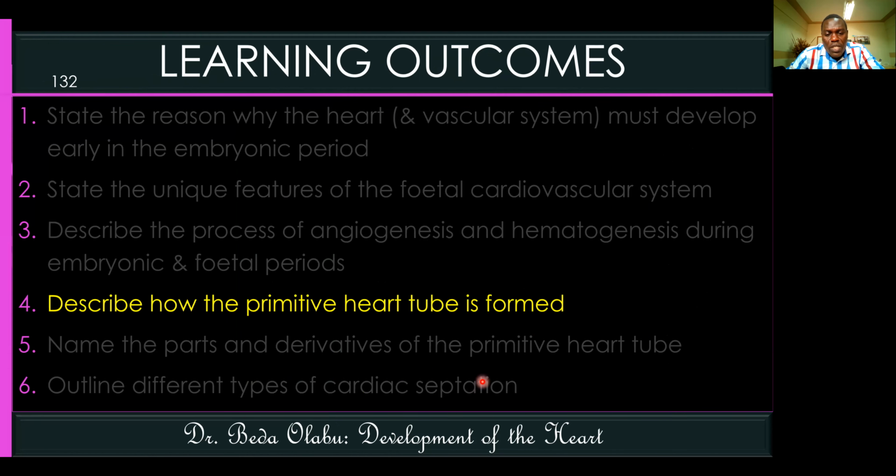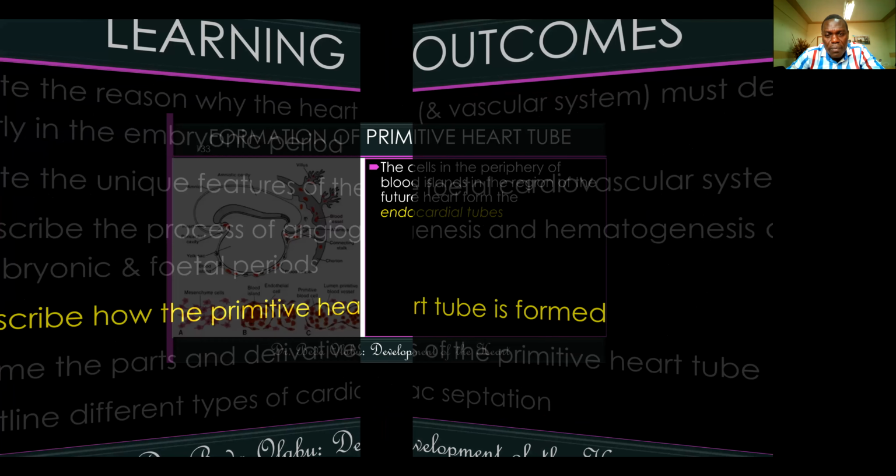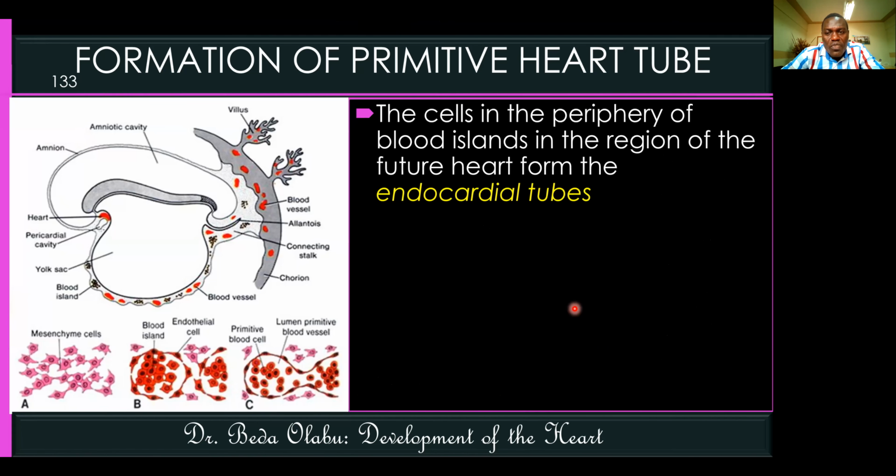Okay, so we now want to see how the primitive heart tube is formed. The primitive heart tube is that tube that will become the heart. How is it formed initially? We've agreed that for you to form blood vessels, the cells in the periphery of the blood islands are the ones that will flatten out and attach together to form blood vessels.